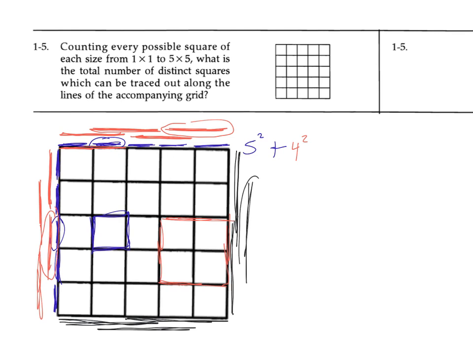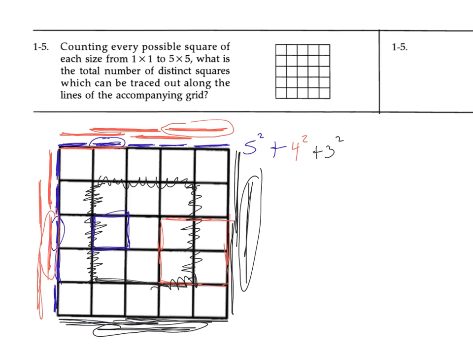So that side intersecting, for instance, with this bottom would precisely refer to this 3 by 3 square here. So the number of 3 by 3 squares are the number of sides times the number of bottoms, which is 3 squared. And I think at this point you can figure out what's going on.